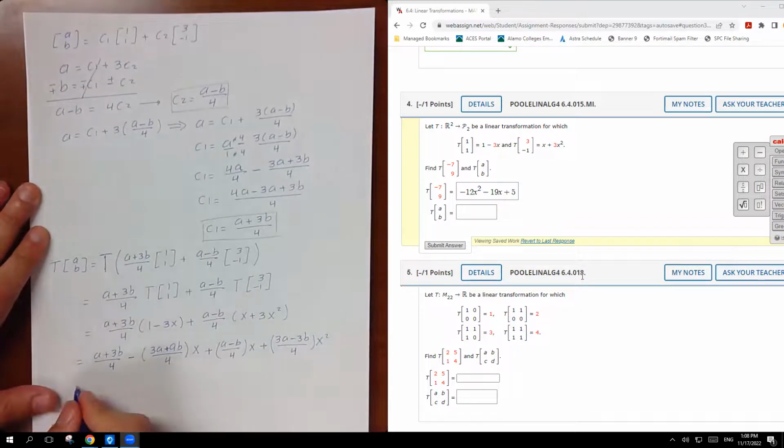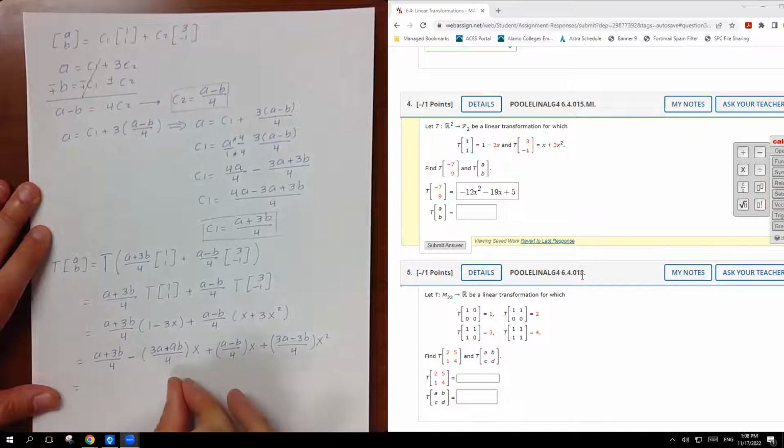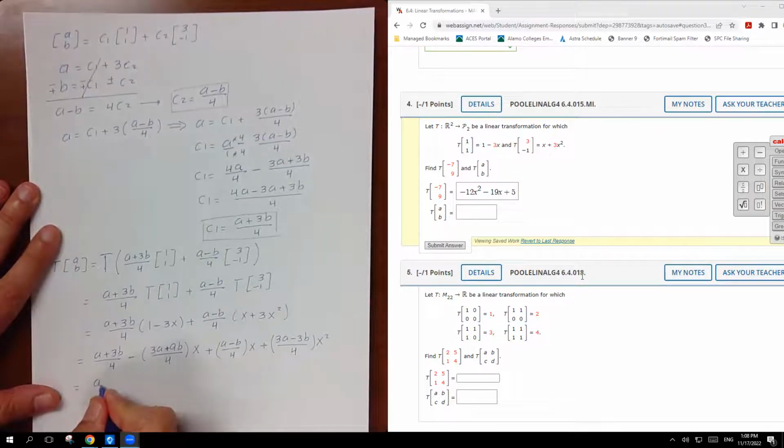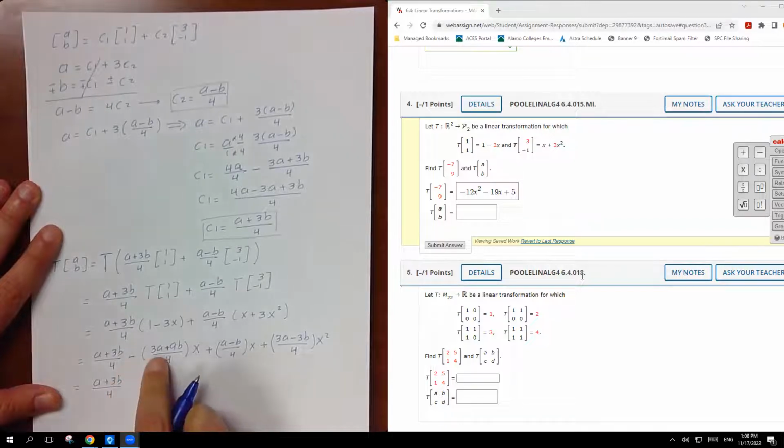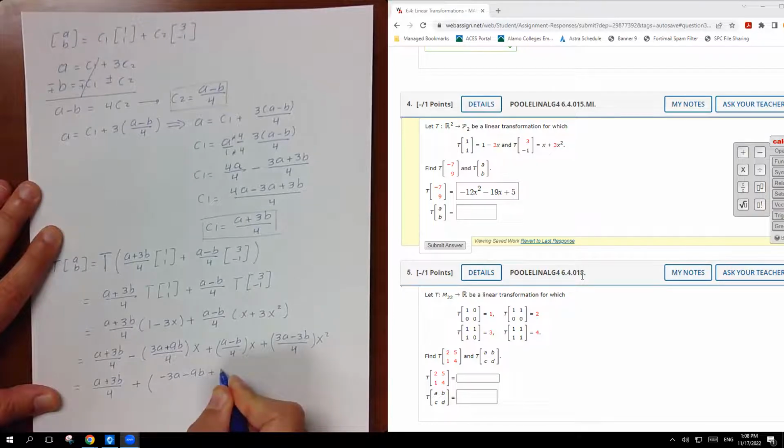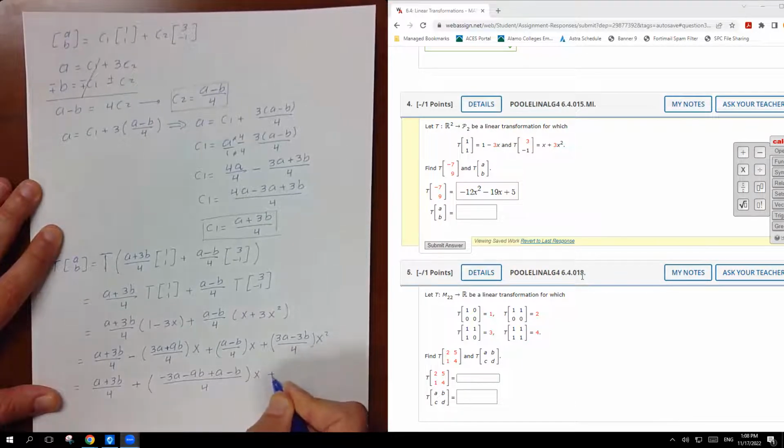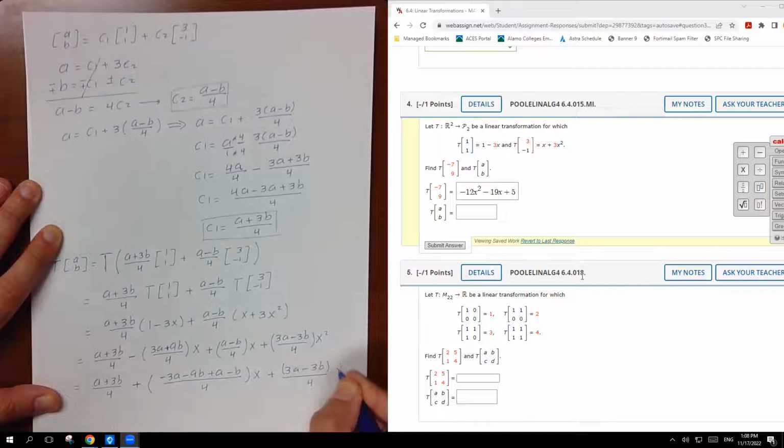Now, let's combine the like terms. That means the first term here is (a plus 3b)/4. This one is going to be negative 3a minus 9b, because I need to combine these together, plus a minus b, and everything is over 4 to the x, plus 3a minus 3b over 4 to the x squared.